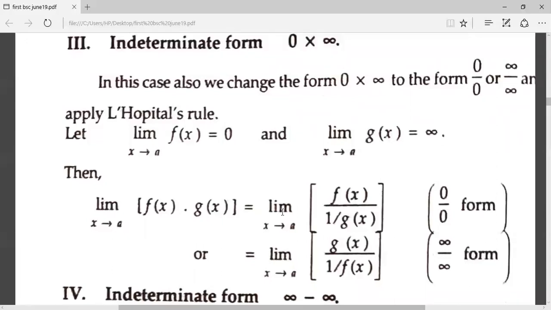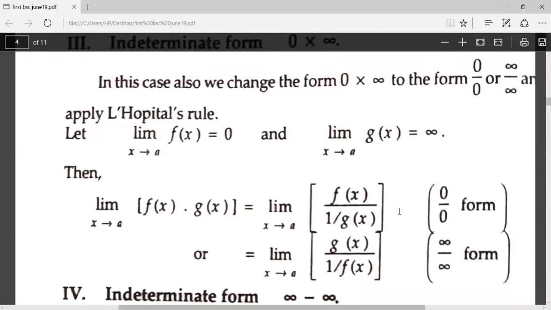Therefore, limit x tends to a, f of x into g of x can be written as f of x divided by 1 by g of x. You can also write it like this, g of x divided by 1 by f of x.